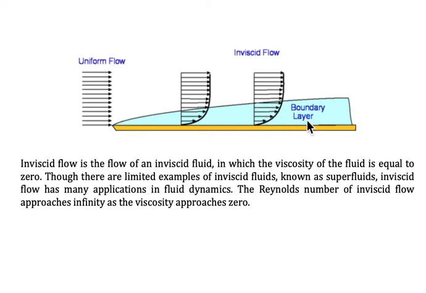So the boundary layer is a layer from the no slip condition at the surface to the local velocity that is 99% of the uniform flow. Boundary layer can be measured experimentally.